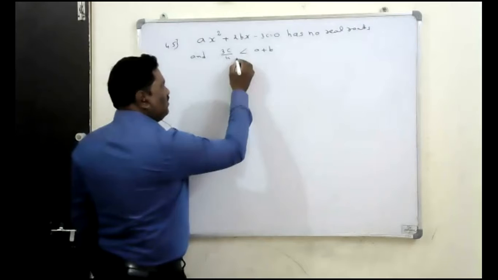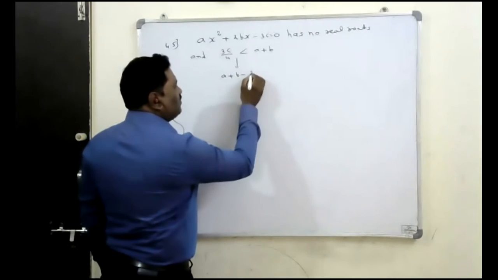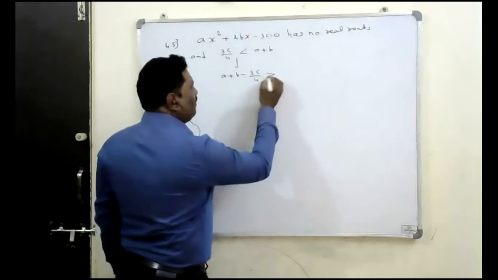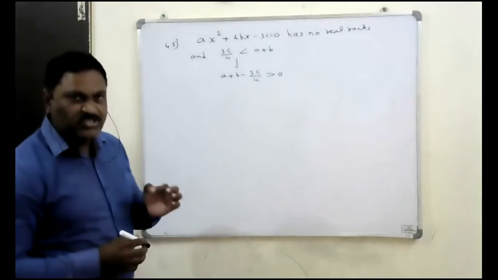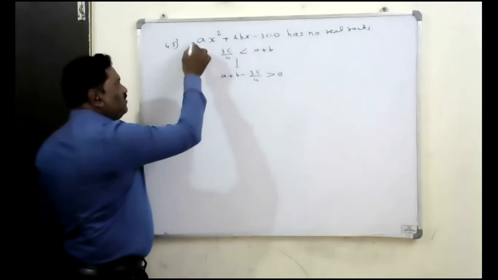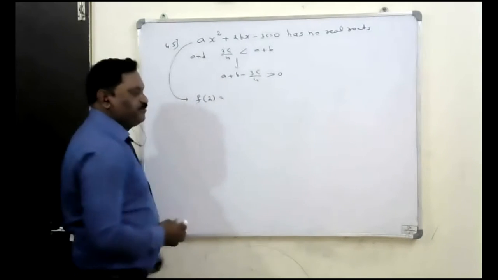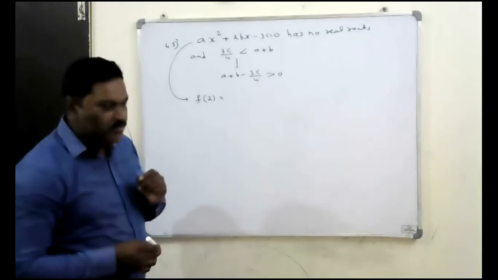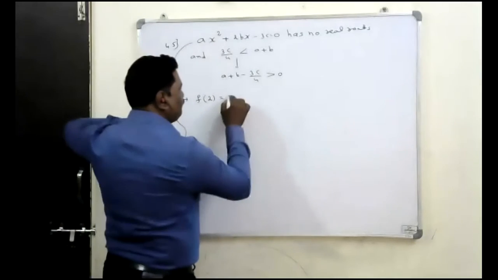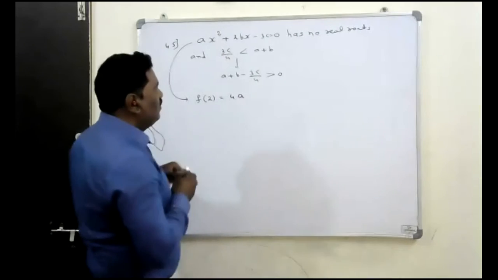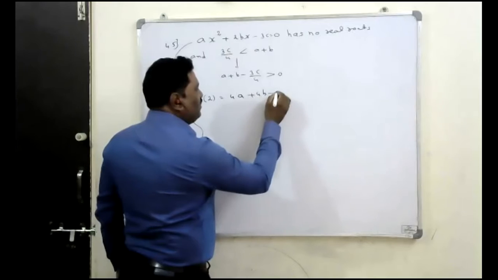In this condition, moving 3c by 4 to the other side, a plus b minus 3c by 4 is greater than 0. What does this condition represent? Suppose I substitute x is equal to 2 in the equation. What do we get? 2 square means 4a, 2b into 2 is plus 4b, minus 3c.